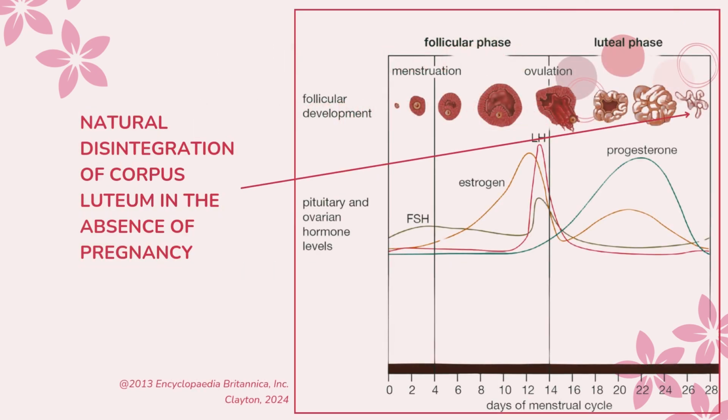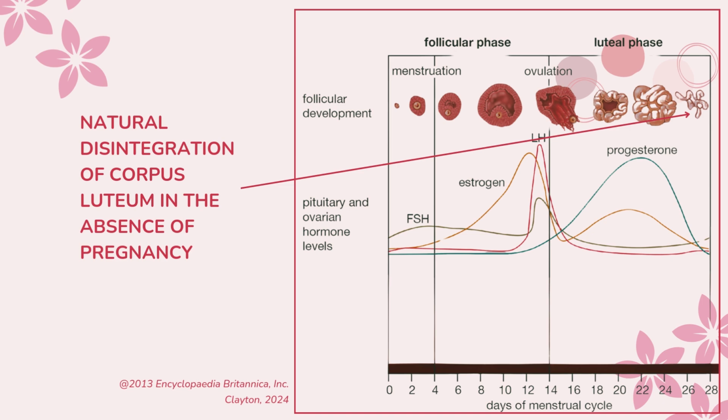Now let's talk about how the luteal phase wraps up. If pregnancy happens, the corpus luteum sticks around like the ultimate support system, continuing to produce progesterone to keep the fetus cozy and supported until the placenta takes over at around 10 to 12 weeks.